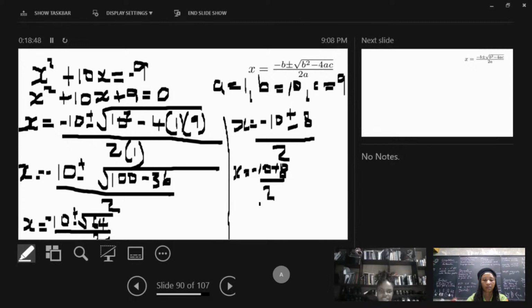So now for the first one, negative 10 plus 8 is negative 2 over 2, and that would be negative 1.